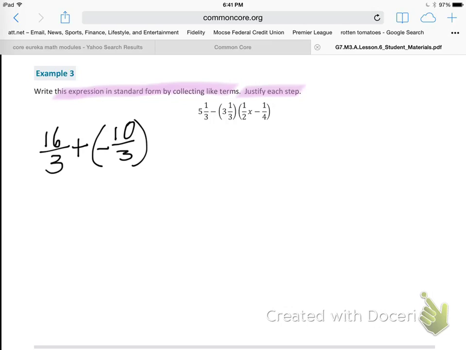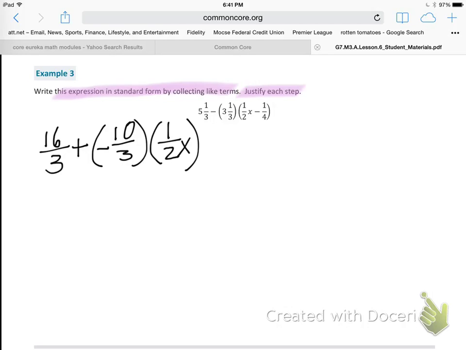Okay, and we are going to then add 1/2 x, or actually we are multiplying 1/2 x, and then we have plus.